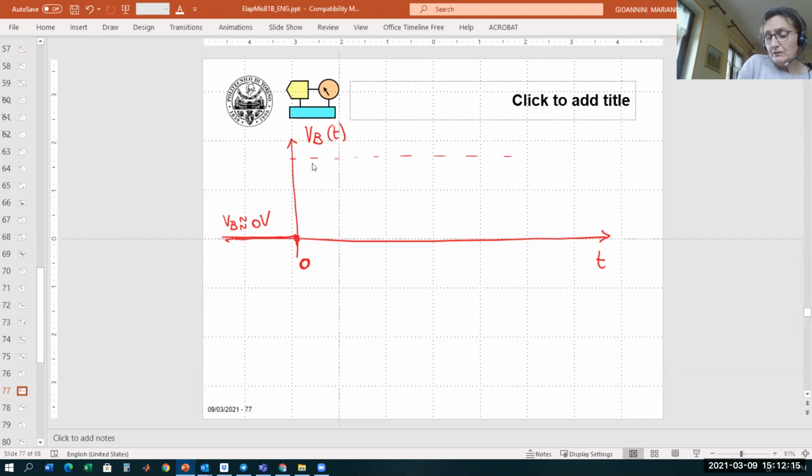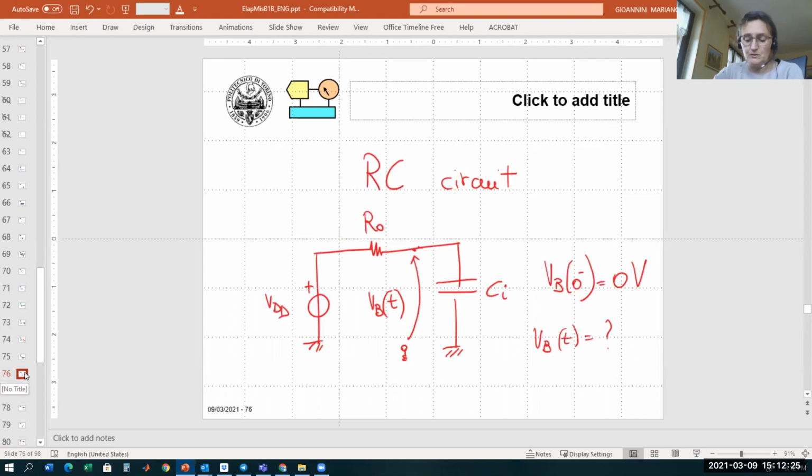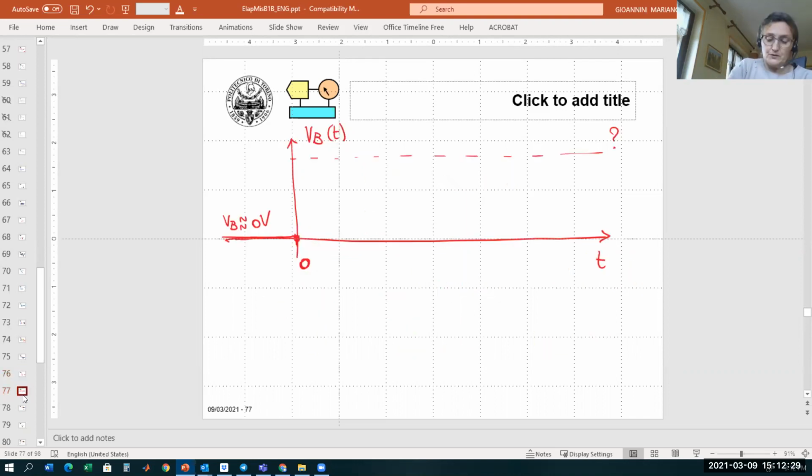At t infinite, when the transient is concluded, how much is the voltage that I will eventually reach? Let's go back to this circuit. At t going to infinite, I will reach VDD. So I basically start from 0, and at t to infinite, I will reach VDD. In between, I have this transient, which is the transient of a first order RC circuit.